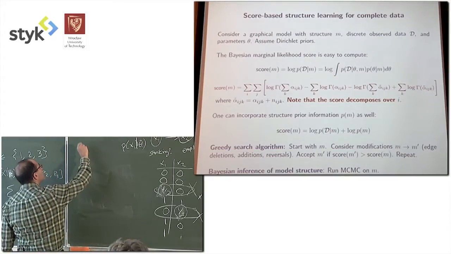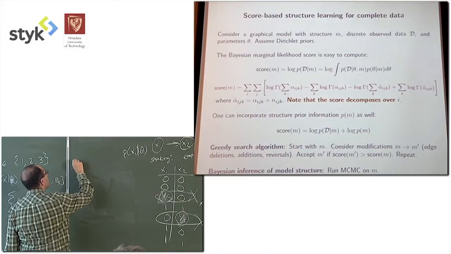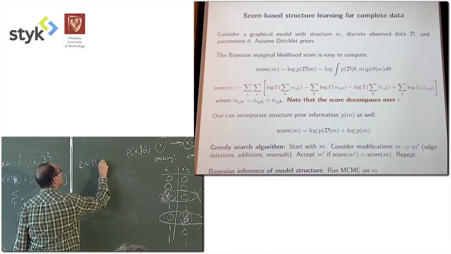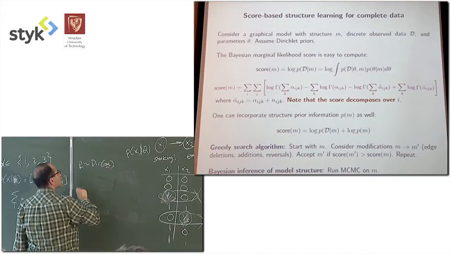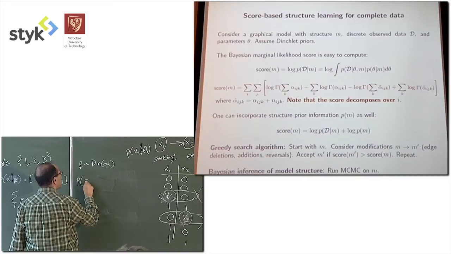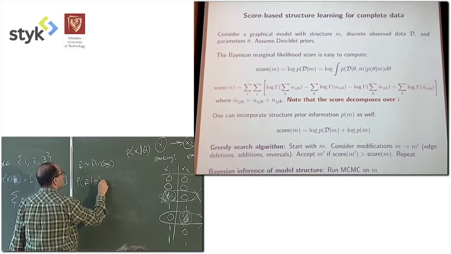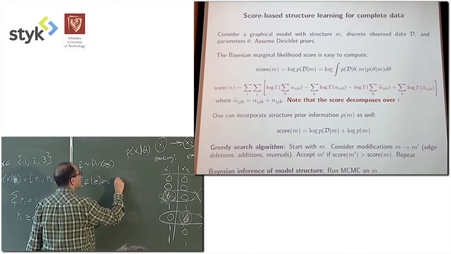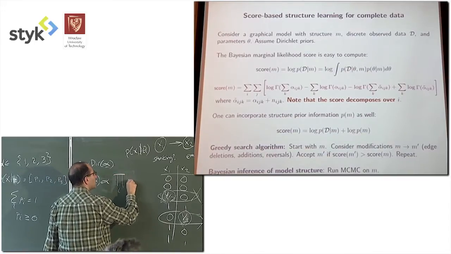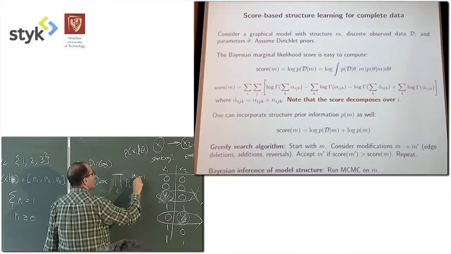You could say P is drawn from a Dirichlet distribution with parameters alpha, and that means the probability of P given alpha is proportional to the product over i of Pi to the alpha i minus 1.